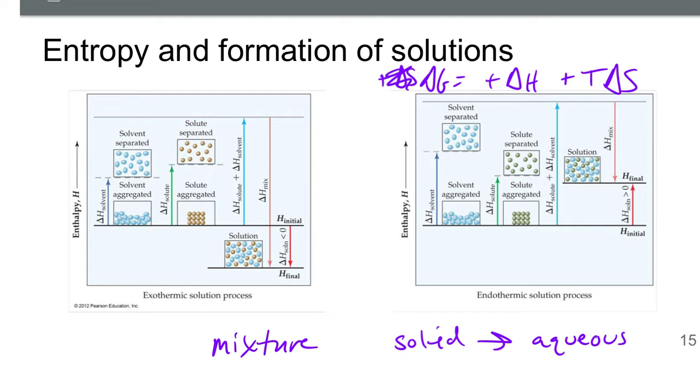So basically, we make this equation, delta G equals delta H minus T delta S. We're making it so that this equation is negative, and so entropy has to be large enough to account for a positive delta H. Does that help? Okay, excellent.